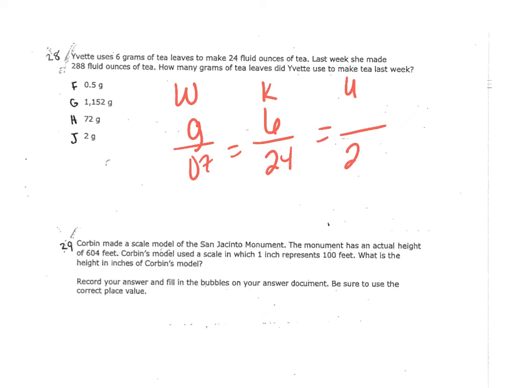And then 288 is there. So you know it's got to be smaller because 6 is smaller than 24, right? So it's got to be smaller than 288. So this is out. Okay? This is really tiny and this is really tiny. So I don't think that's it either. It's got to be bigger than 6 because 288 is bigger than 24. So that only leaves that choice. I didn't know, math, got that answer.